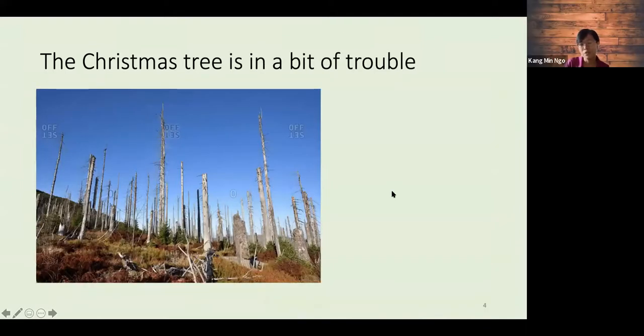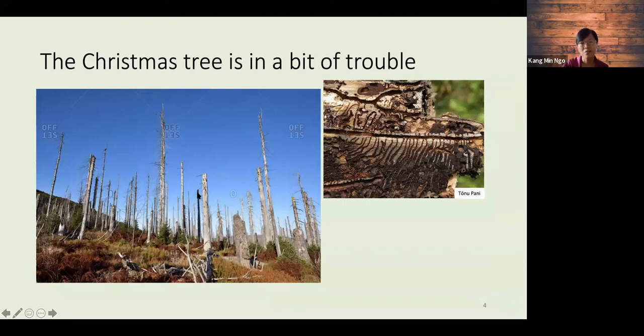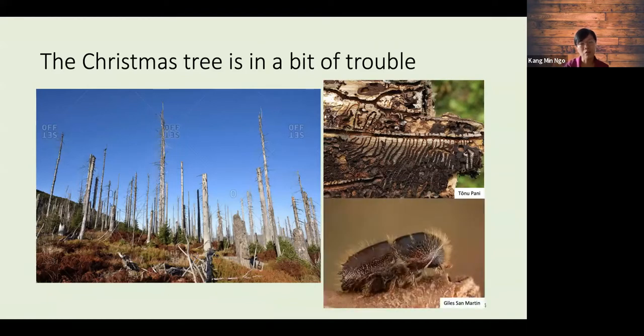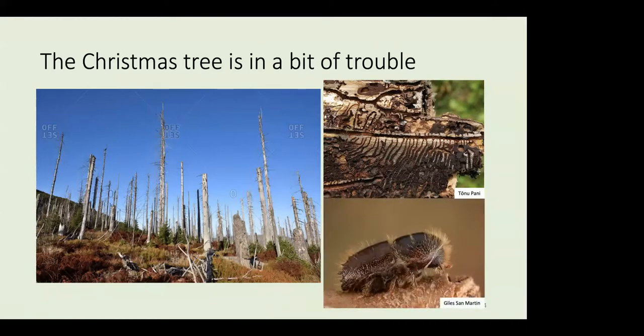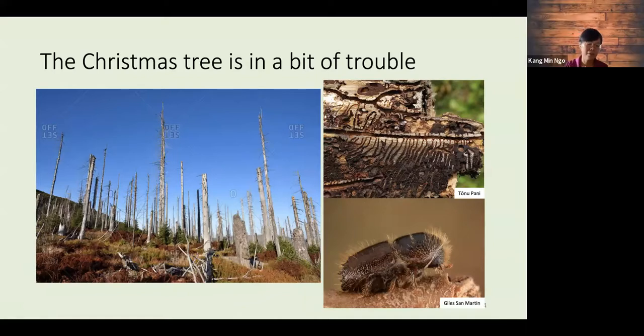But the Christmas tree, it's all very nice. You use it for Christmas, but it's in a bit of trouble now. In some areas of Europe, you get areas where the Christmas tree is dying, and it's caused by this bark beetle. This beetle goes into the bark of the Christmas tree, and it barrels and digs holes into the bark.